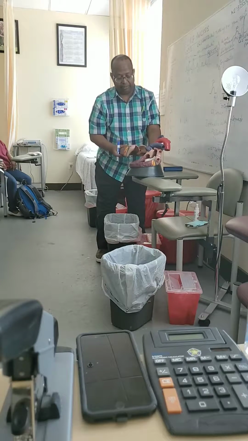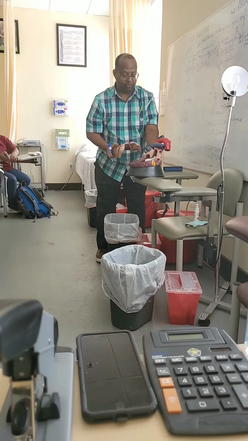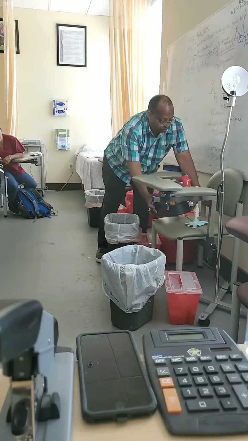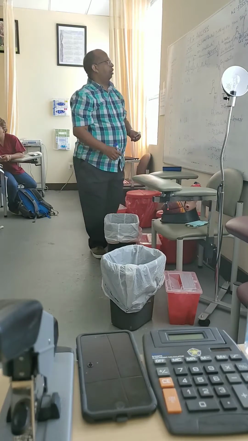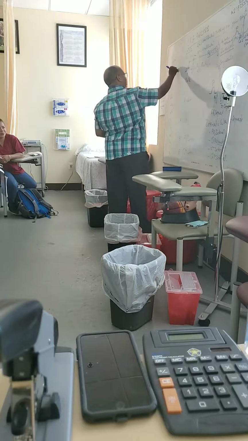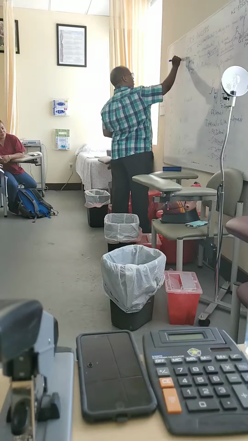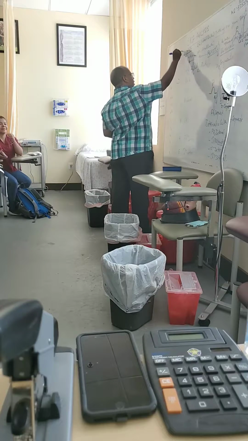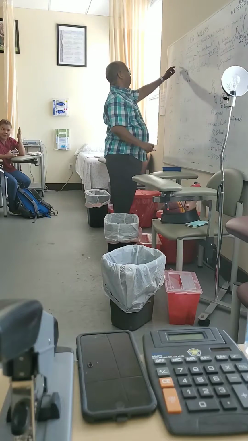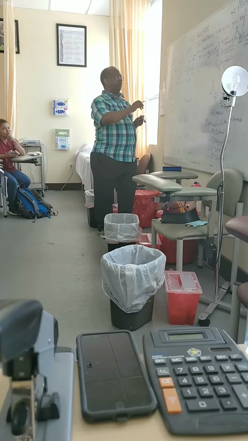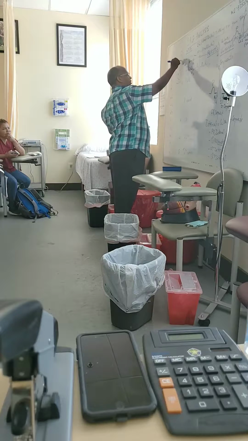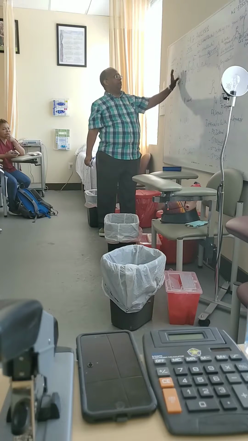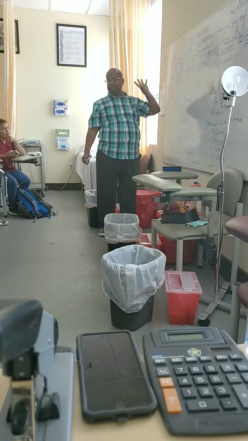The atria are here on top, and the ventricles are at the bottom. So we have the atria here and the ventricles here: atria, ventricle, atria, ventricle. When the atria get the electrical impulse, I will brief you a little bit later.